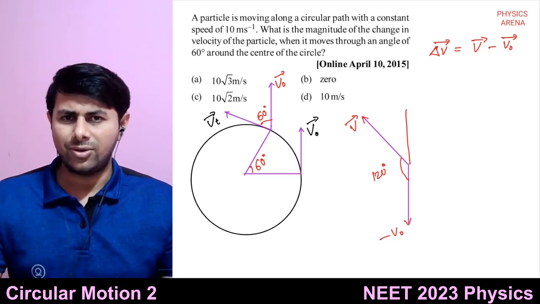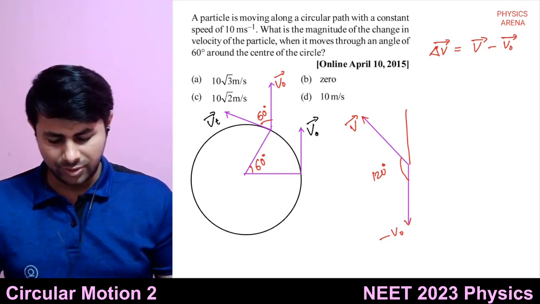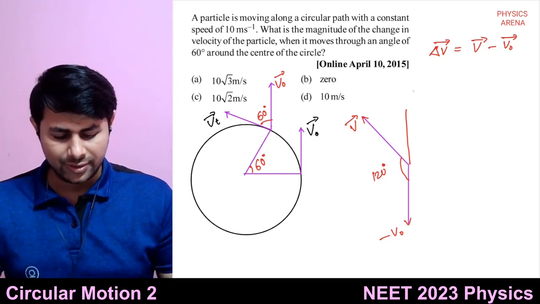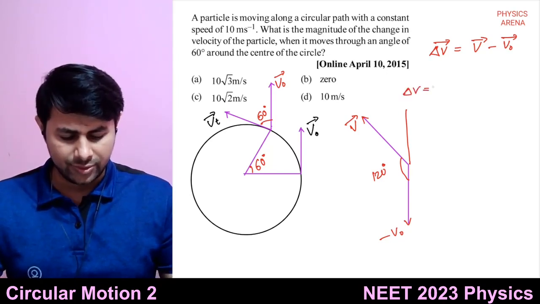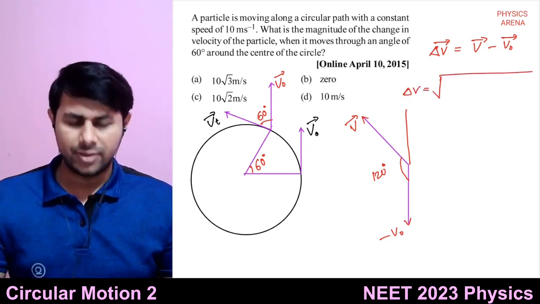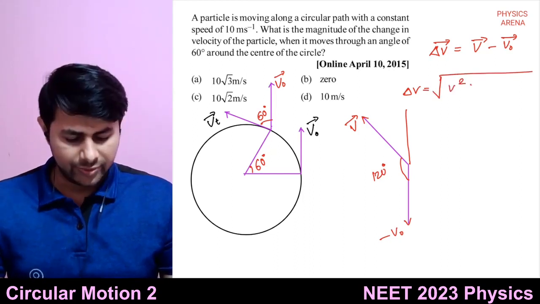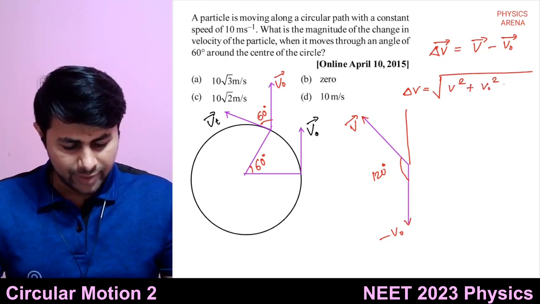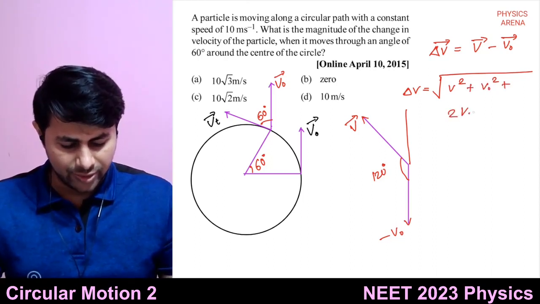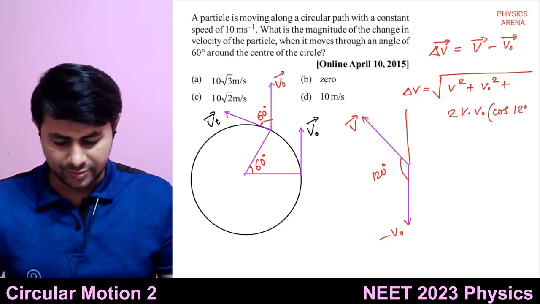So how can you find out the magnitude? You have the parallelogram law, right? So delta V equals square root of V square plus V0 square plus 2 times V into V0 multiplied by cos of the angle 120 degrees.